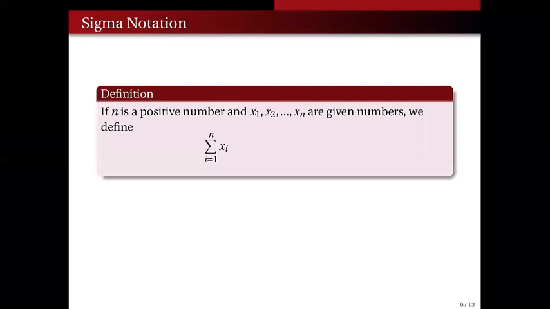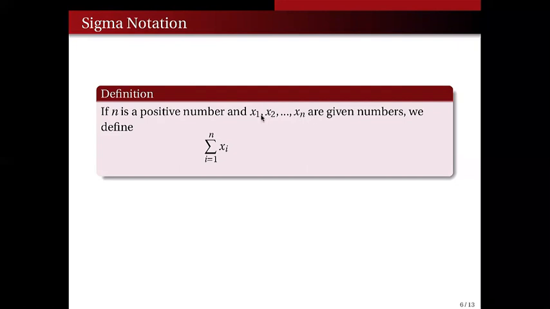So if n is a positive number, actually it should be a positive integer, and we have x1, x2 until xn, because we have this numbering, the subscript 1, 2, up to n, we expect that n is an integer.